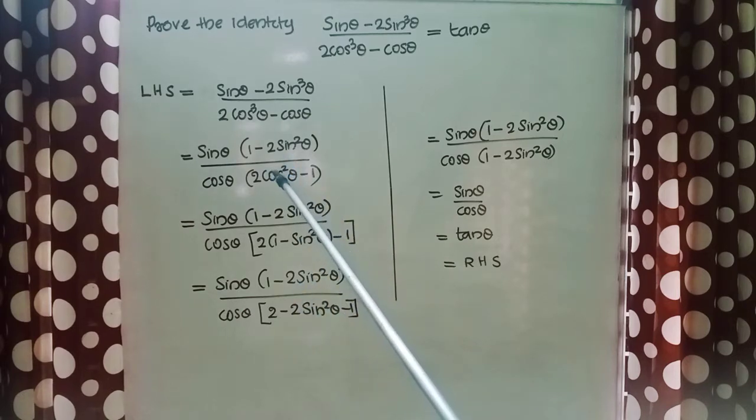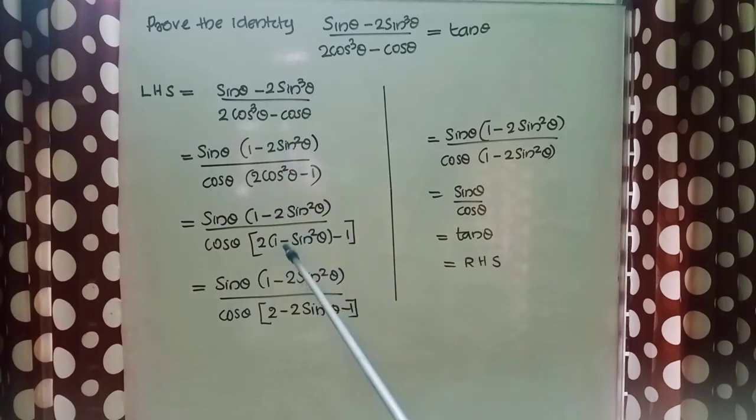Now we are going to change this cos square theta as 1 minus sin square theta. We are going to replace it. So we get sin theta into (1 minus 2 sin square theta) whole divided by cos theta into (2 into (1 minus sin square theta) minus 1).